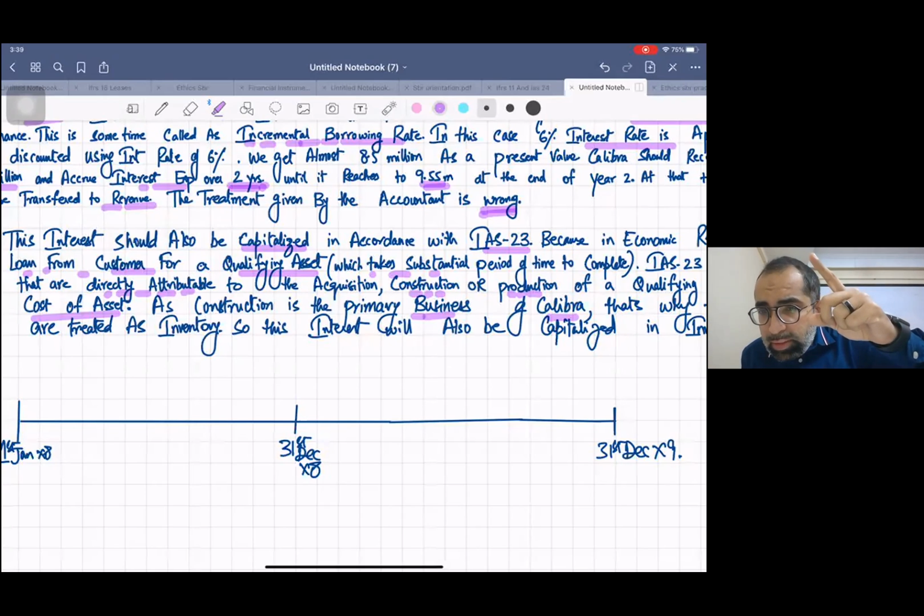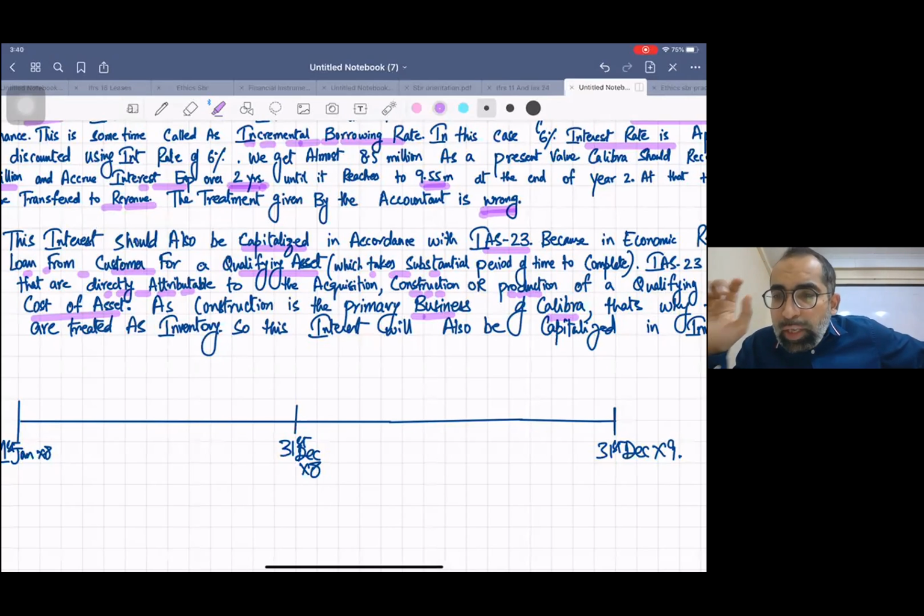So you can read the first line of the question I showed you. This is their primary business, to construct properties and sell them. So yes, the property is inventory for them. This whole project is inventory for Calibra.